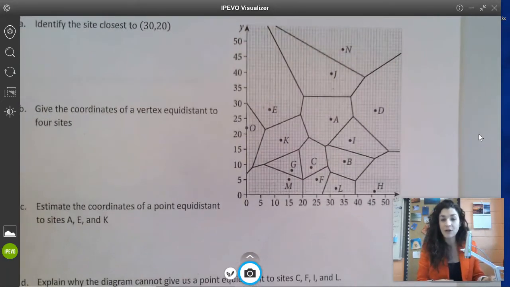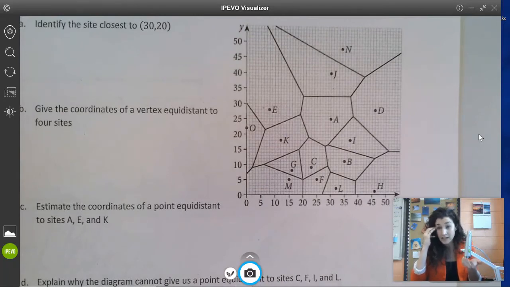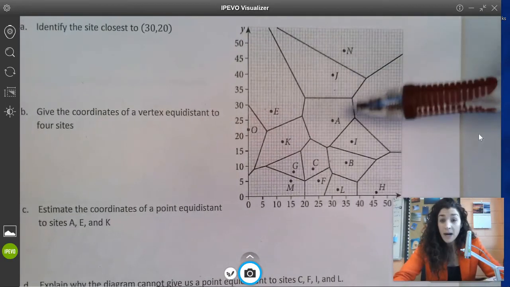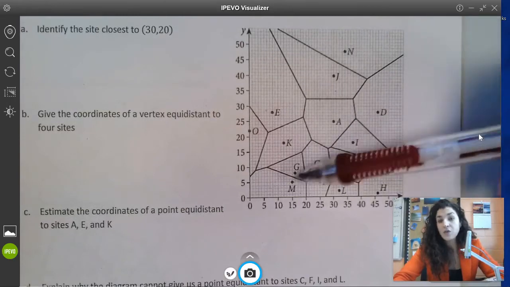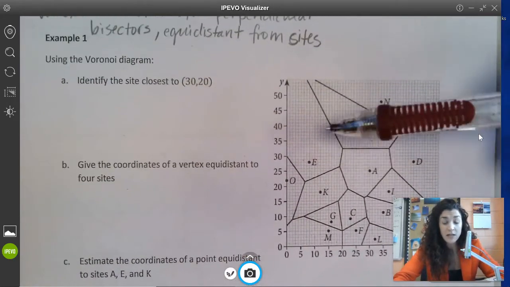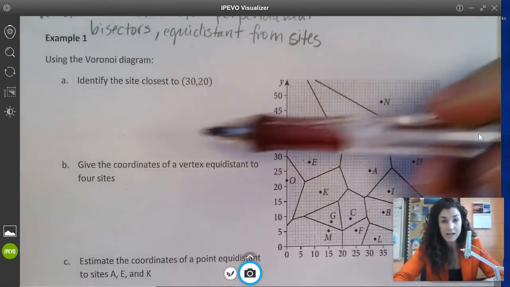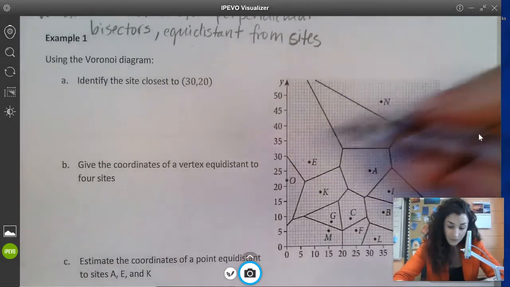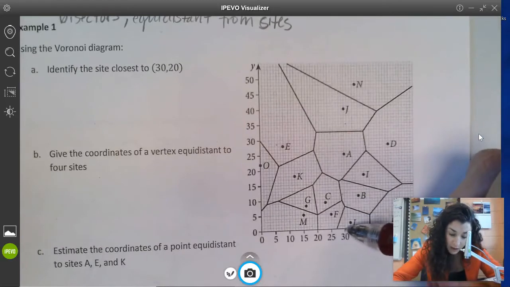This is a Voronoi diagram that is already made. We've got a bunch of points in here. You will eventually be asked to make Voronoi diagrams, typically not one of this size unless you do it for an IA. But you've got all these different sites, and they have no application. It's just a Voronoi diagram. It says identify the site that is closest to the coordinate 30, 20. So we go to the 30, 20 mark. Here is 30.